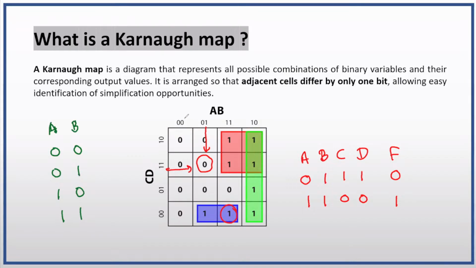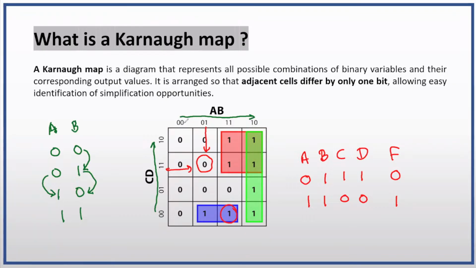But in this one, when you go in the horizontal or vertical direction, always only one bit changes. Going from 0 to 1, only one bit changes, but going from 1 to 2, the first bit also changes and the second bit changes too.